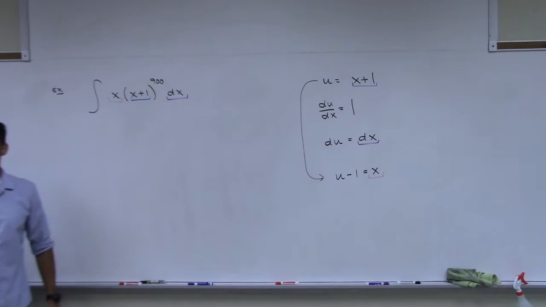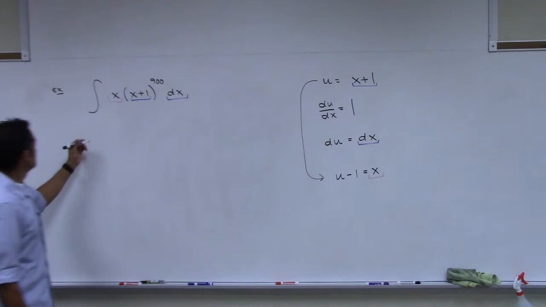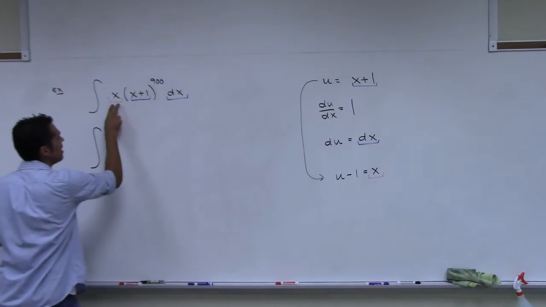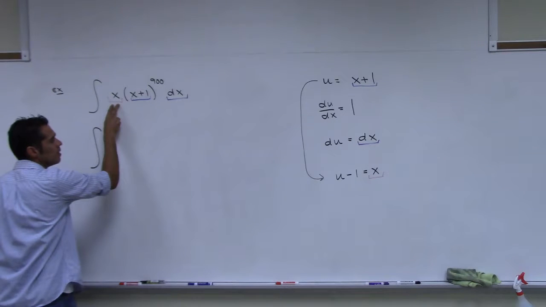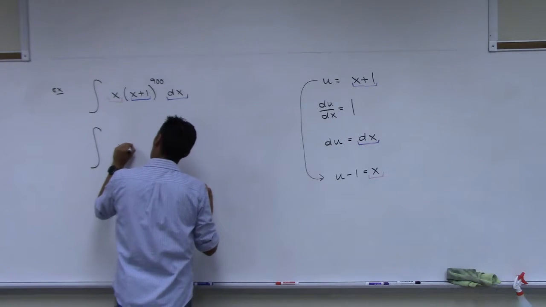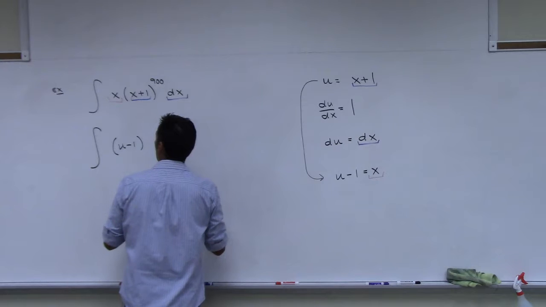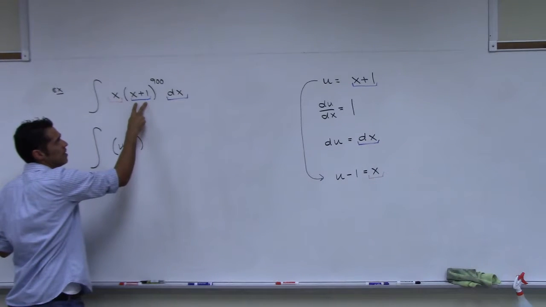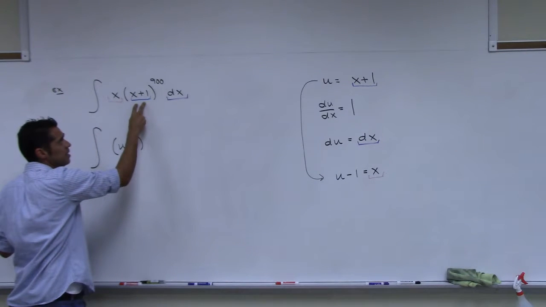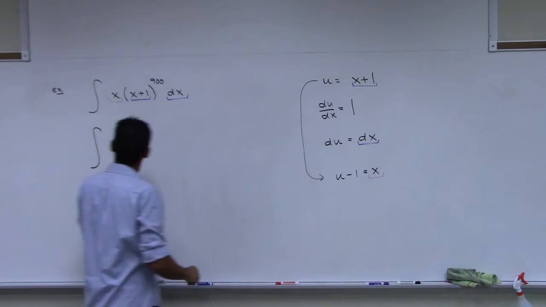And let's see what happens. Let's just go back in and replace everything, all right? So what does this x get replaced with? U minus 1. I'm going to put in parentheses. That's the x. What does this get replaced with? U raised to the 900th power.